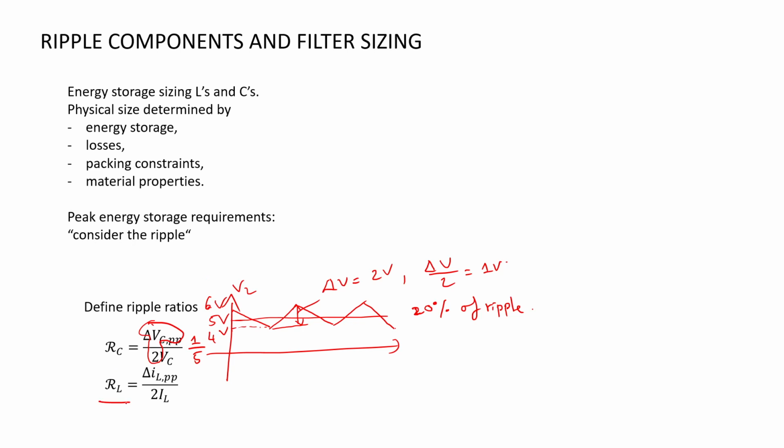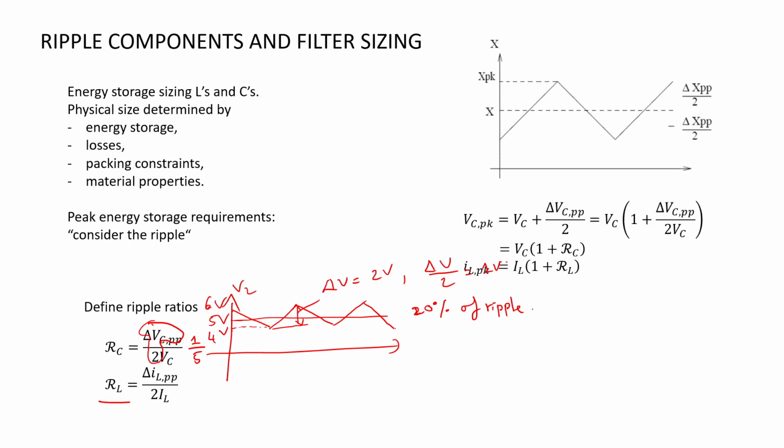Same thing for VC or IL. And here is the way you compute the peak value of voltage or current. So H here represents voltage or current. This term PK represents the peak value.